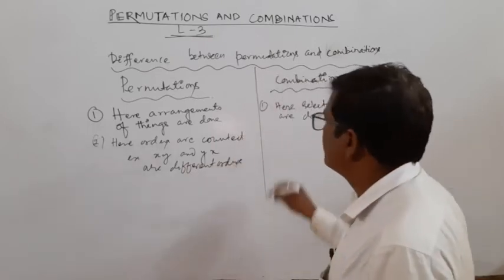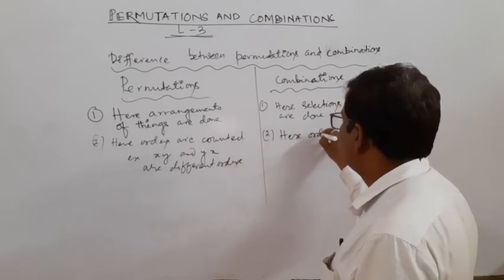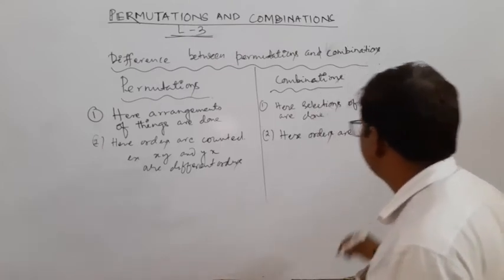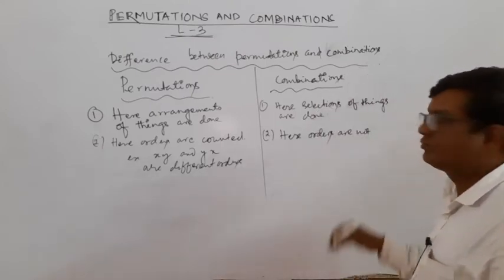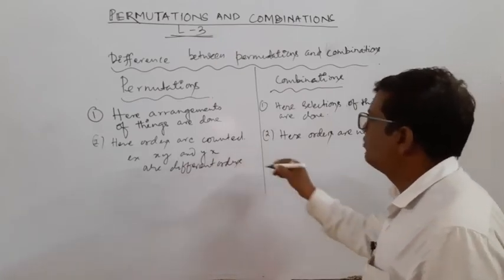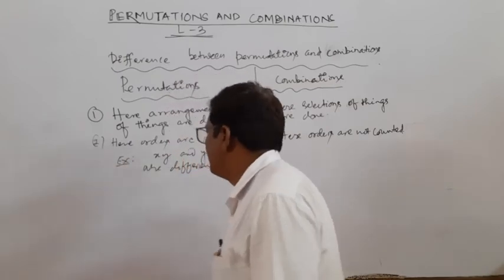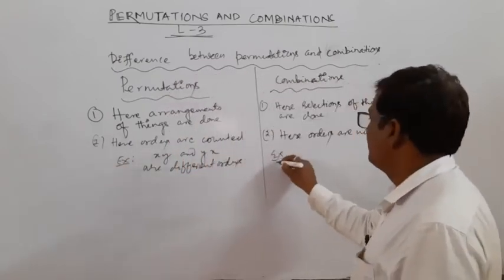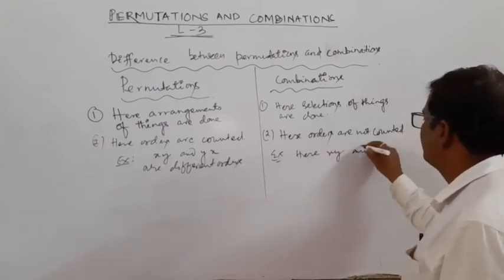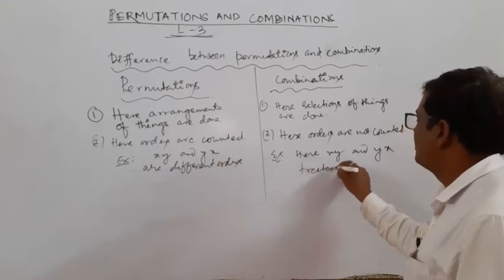Here in combination, orders are not counted. For example, here xy and yx are treated as the same.